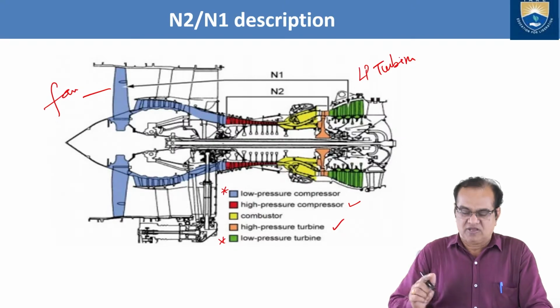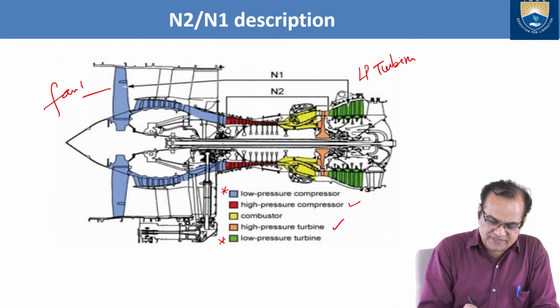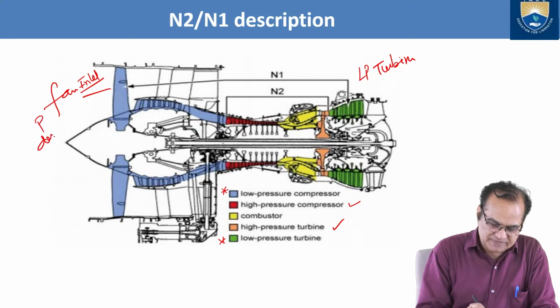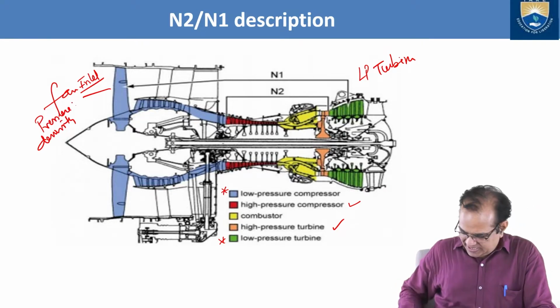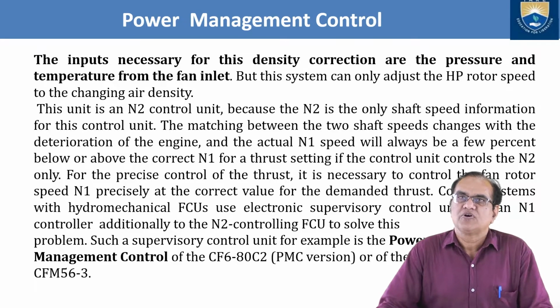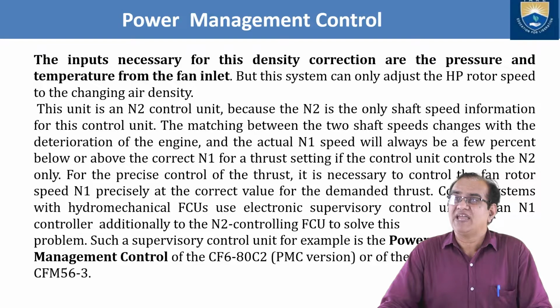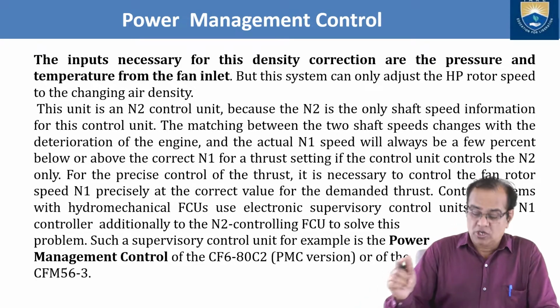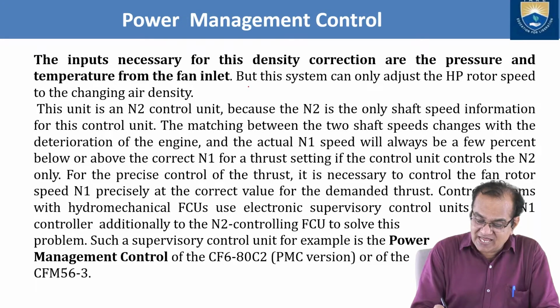If you see here, from this fan inlet we take pressure and temperature, and accordingly we have to sense this pressure and temperature from the fan inlet, but this system can only adjust the high pressure rotor speed to the changing air density. So this can only adjust the high pressure zone.